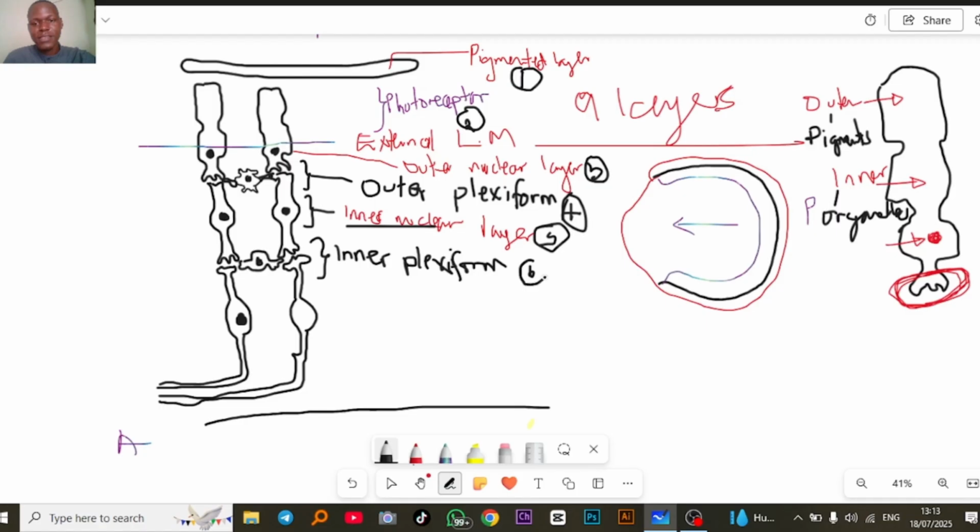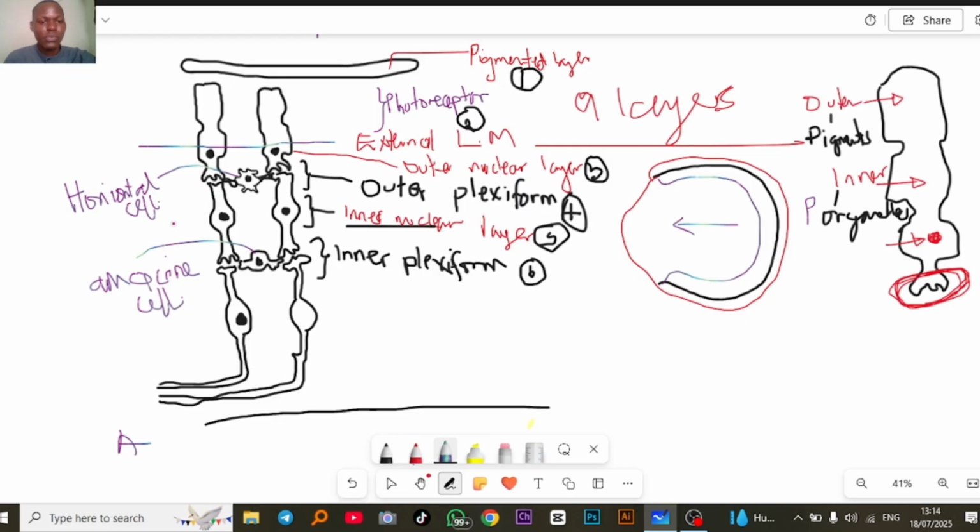And you can see another cell, which is known as the amacrine cell. What we have in the inner plexiform is the amacrine cell. What we had in the outer plexiform is the horizontal cell. We shall later on see that these are important in lateral inhibition, which contributes to the enhancement of the contrast.